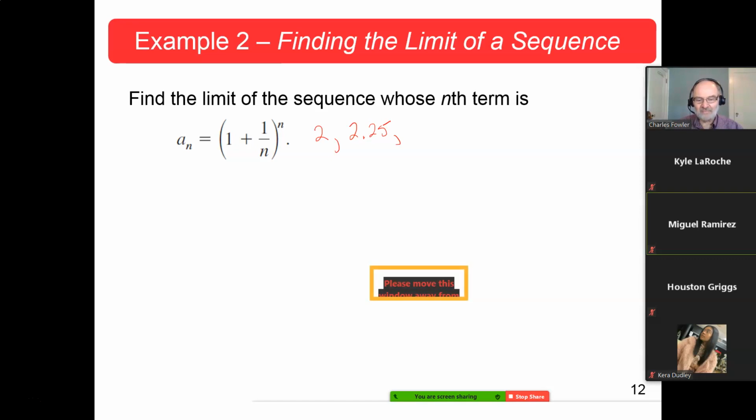Let me start that one over. Okay, 4 divided by 3 equal and cube that. There we go. That's much better. That gives me 2.37 and change.